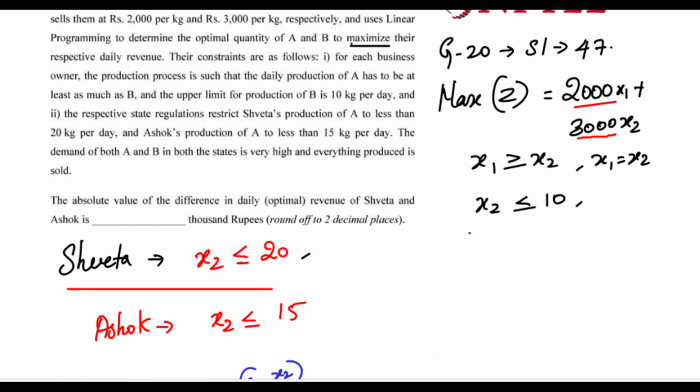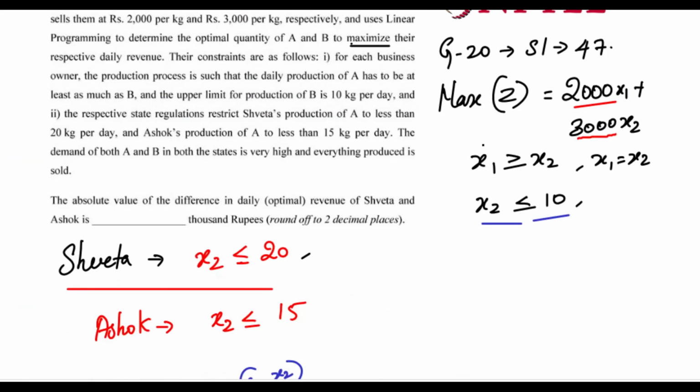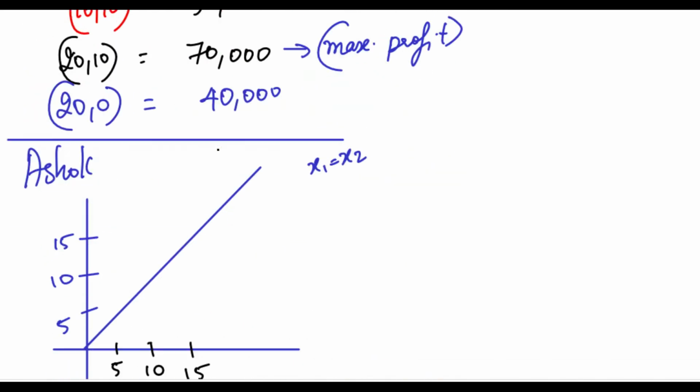So on the axes, this is 5, this is 10, this is 15. This I'll take as x2, this as x1, and this as 20 also. So let me draw a line.